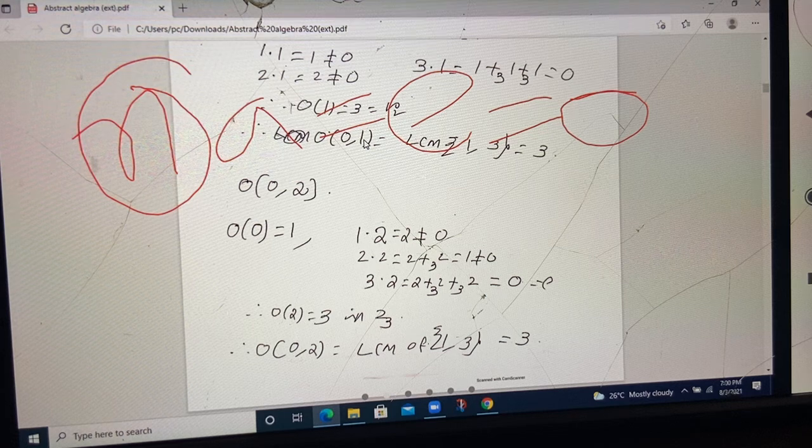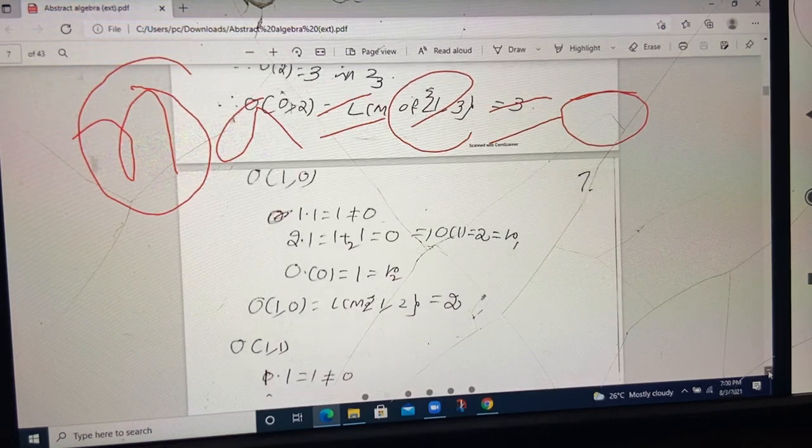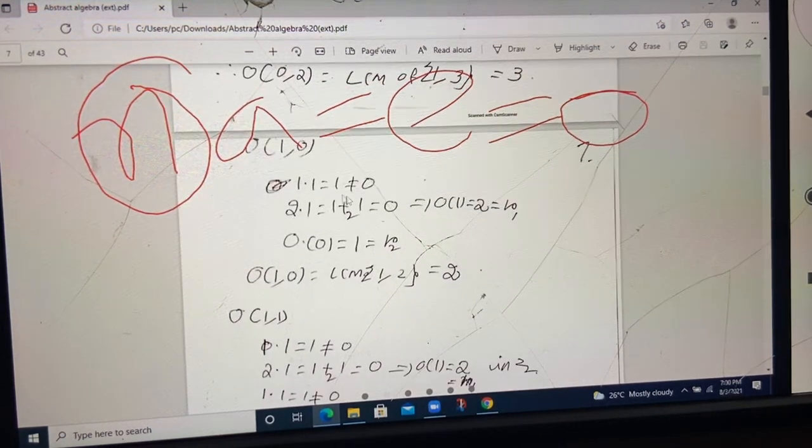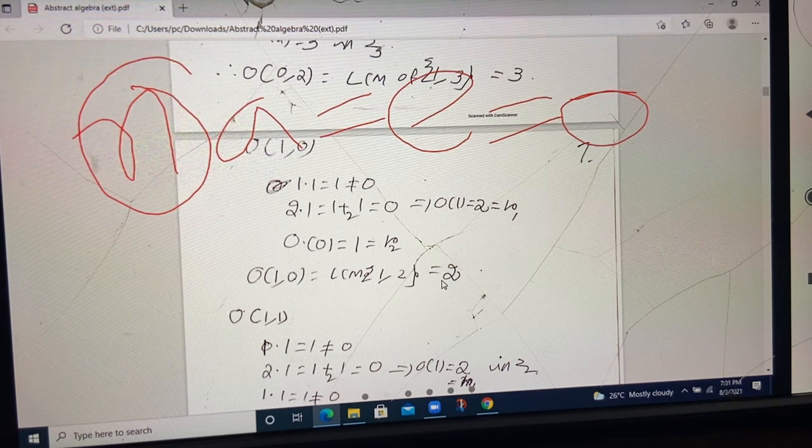Here it is in the first place, so we need to find the order of 1 in Z2. 1 into 1 is 1, not 0. 2 into 1 is 1 plus 1 under modulo 2, 0. The order of 1 is 2, in R1. The order of 0 is 1, in R2. So what is the order of (1, 0)? The LCM of 1 and 2, which is 2.